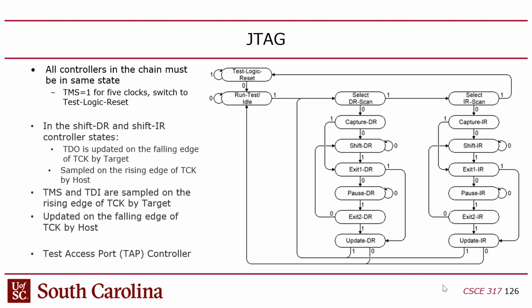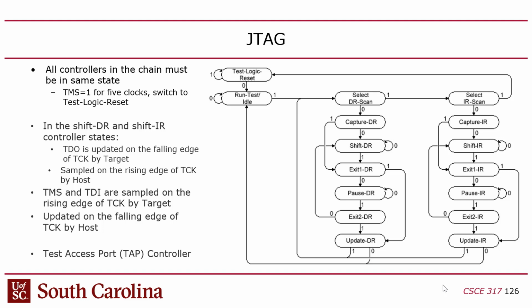Does that make sense? Okay, so what's the purpose of these states? Well, there is a data register and an instruction register. When you do a JTAG transaction, you have to send an address, much like you do with SPI and I2C, but the address is clocked into the instruction register. So you have to go through 2 phases.